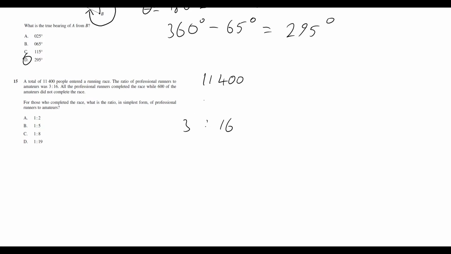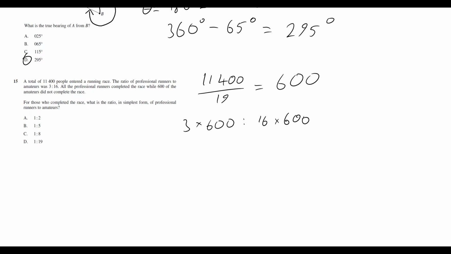So I'll say 11,400 divided by 19, and that will give us 600. So now we see that the 3 to 16 is just a breakdown of 3 times 600 to 16 times 600. Okay, so that's simply what's been given to us right at the start of the question.